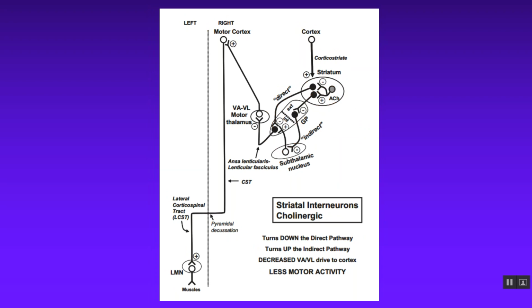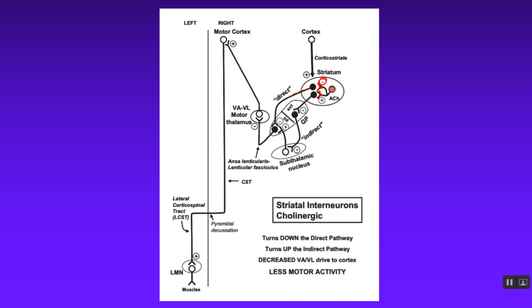Now, let's talk about acetylcholine real quick, because acetylcholine also plays a role in here. The acetylcholine are little interneurons within your striatum that produce acetylcholine. They also have connections with the direct and indirect loops, but it's the opposite. So acetylcholine inhibits the direct and excites the indirect loop. It does the exact opposite.